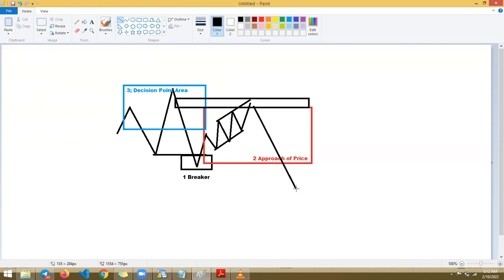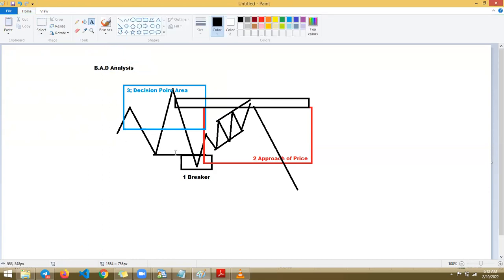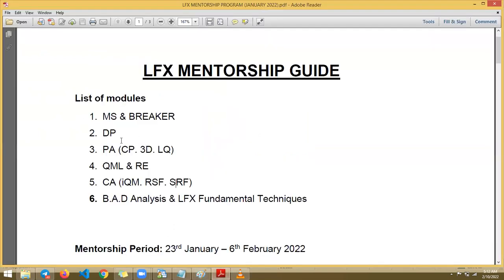Basically, this is a summary of what we call the BARD analysis. It's a summary of what I've been teaching. A very simple concept, but very powerful. That is the SOP that summarizes everything that we've been covering. Under session 1, we did the breaker. So step 1 of the SOP, you look out for the breaker.